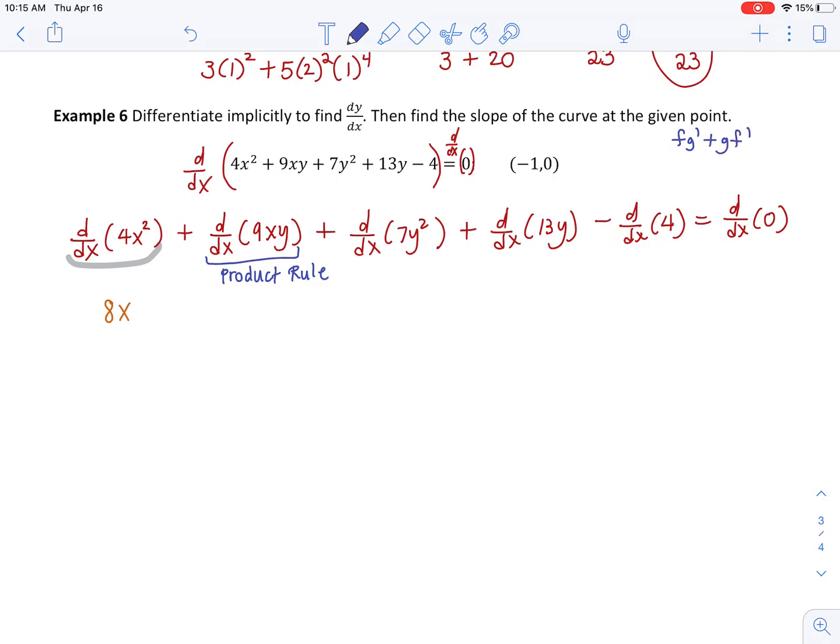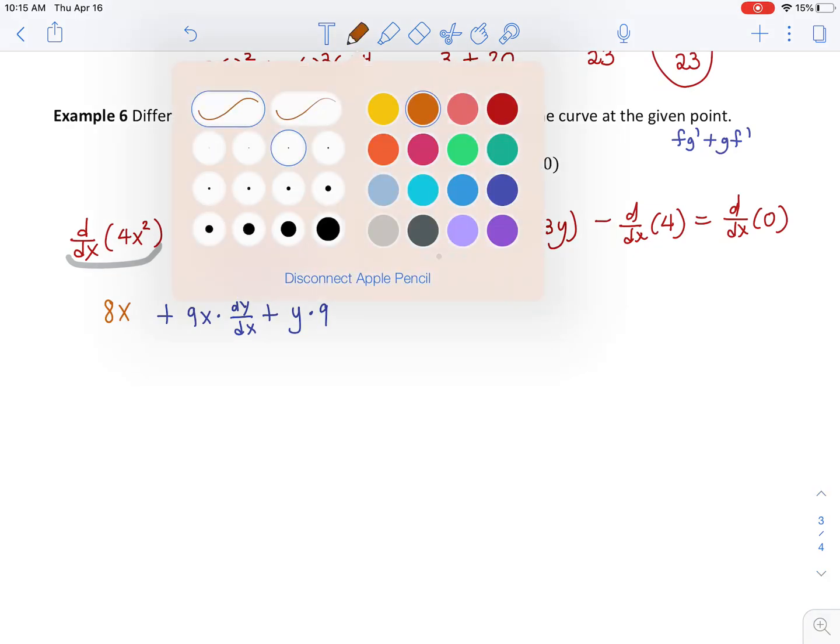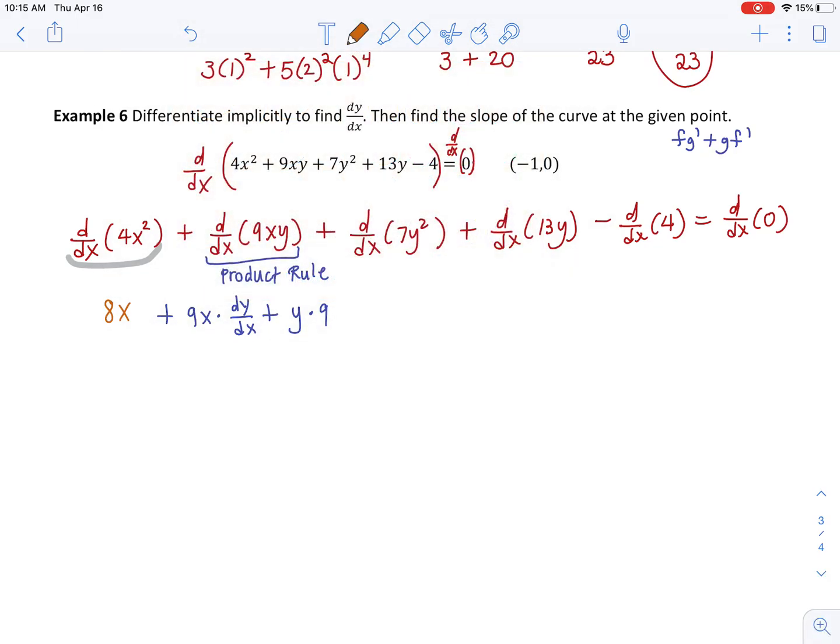Looking at f is 9x and g is y. So f times g prime will be 9x times dy/dx, plus g times the derivative of f: y times 9. Okay, done. Let's keep going.